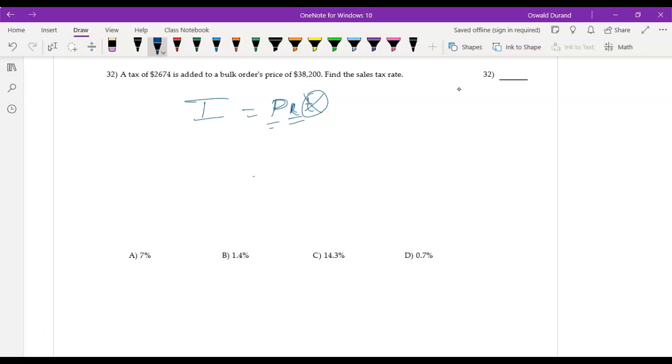If I have my interest amount already, a tax of 2,674, which is right here, it is equal to my principal, which is 38,200.